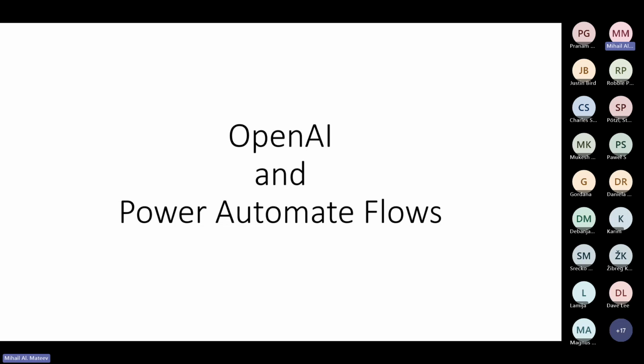What I'm trying to say is, if you want to test OpenAI with AI Builder, it is better to create a separate tenant and make a paid subscription for some period of time. But most of the functionalities you can use directly from OpenAI, and this is an alternative approach.